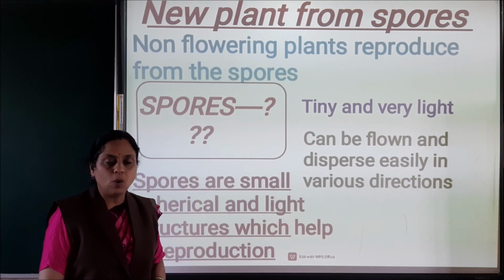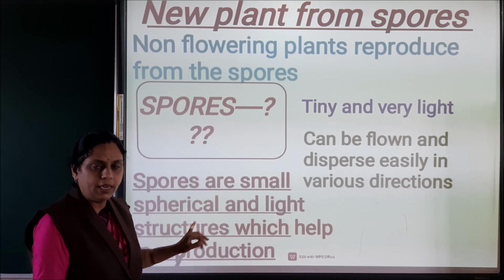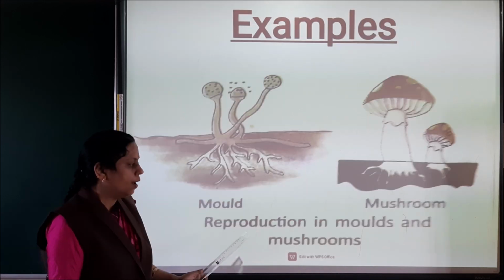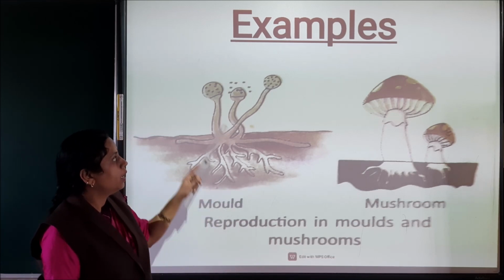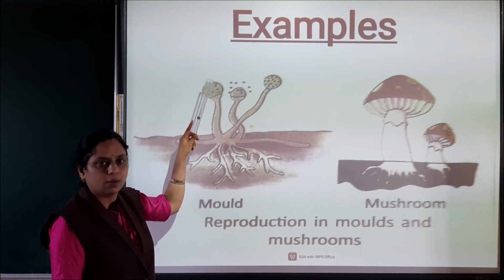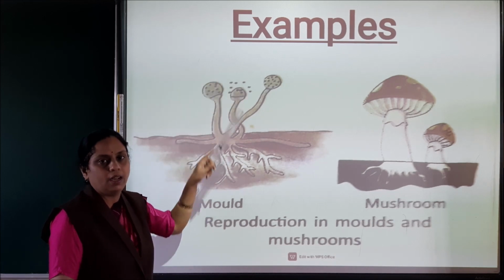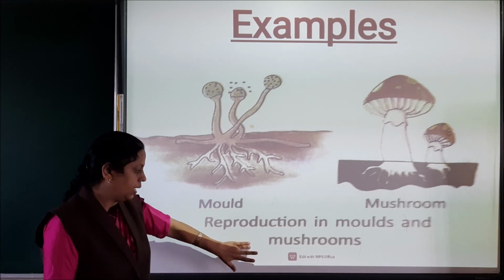So now you understood what spores are. Spores are small, spherical and light structures. Reproduction in mosses and mushrooms takes place from spores. Can you see these light structures? These are spores. They are very tiny and light, so they can easily flow in various directions.